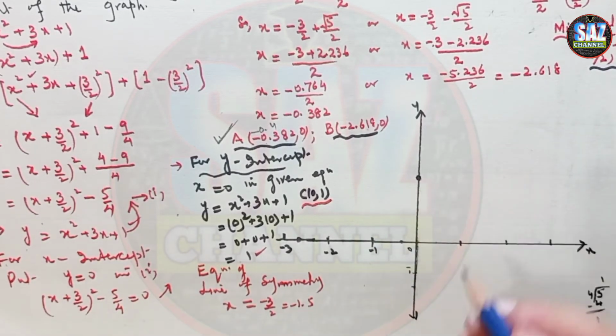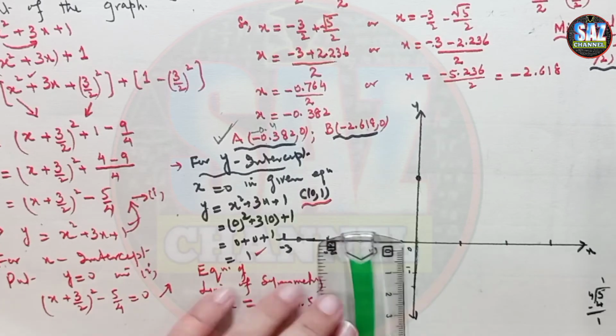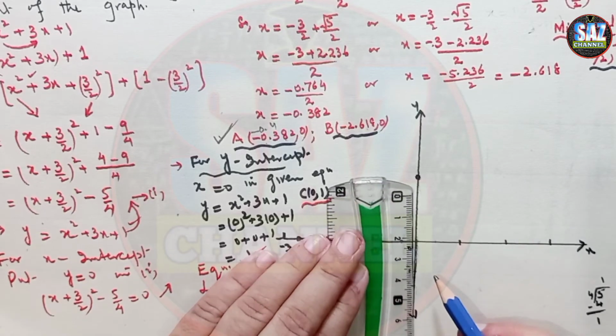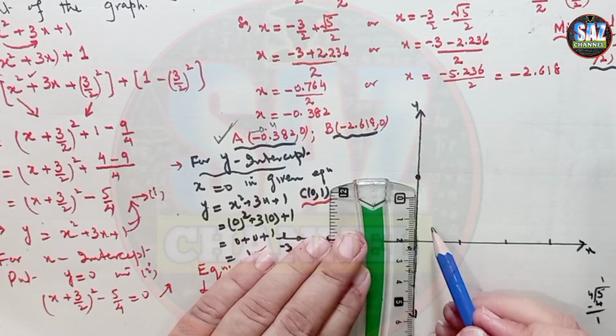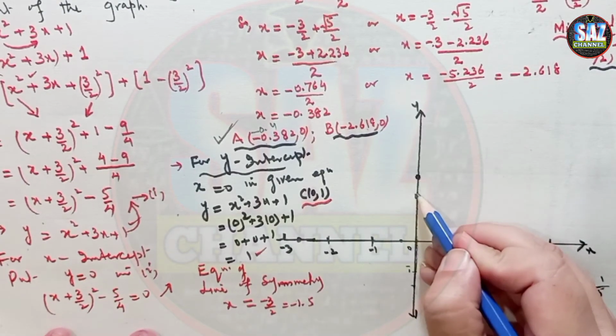As we are taking a 2 centimeter gap for 1 unit approximately, I have to accommodate the scale so that my graph is symmetrical. Yes, on this side and on this side as well, my graph has to be symmetrical, otherwise the graph will not look symmetrical. 0 with 2.